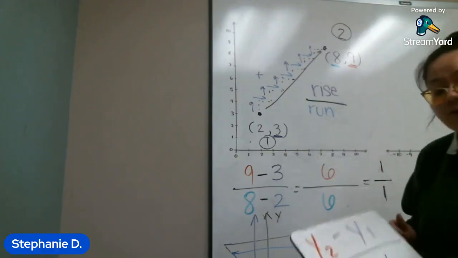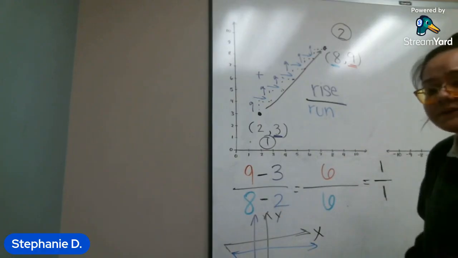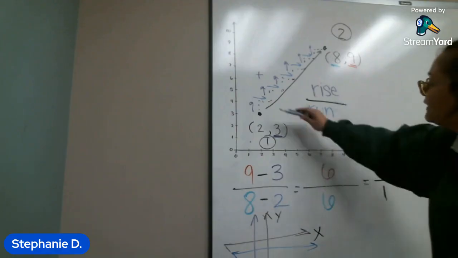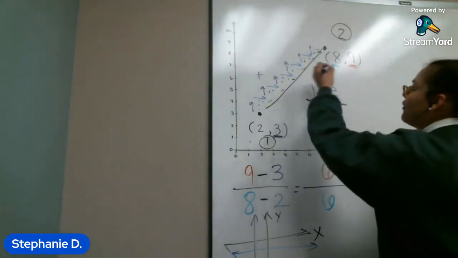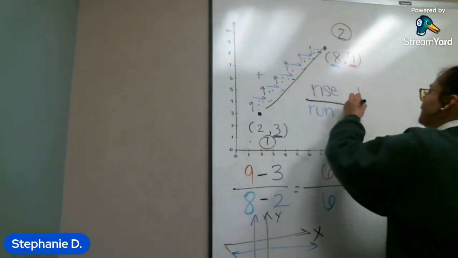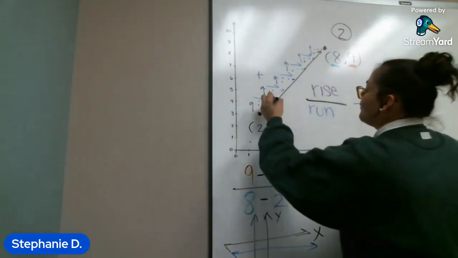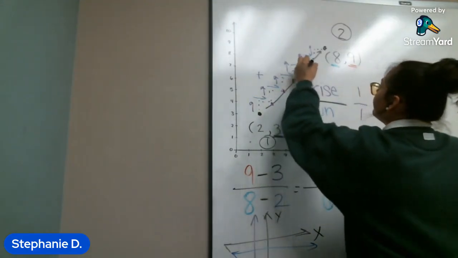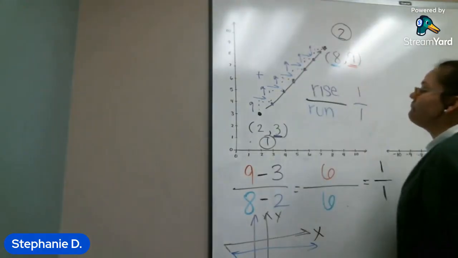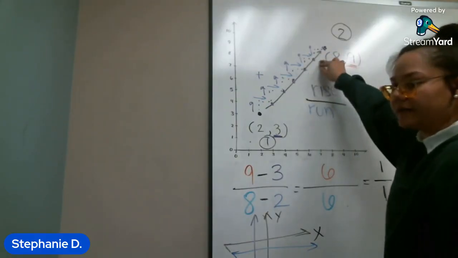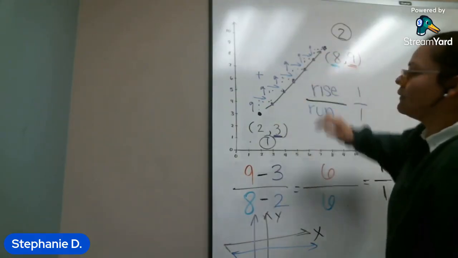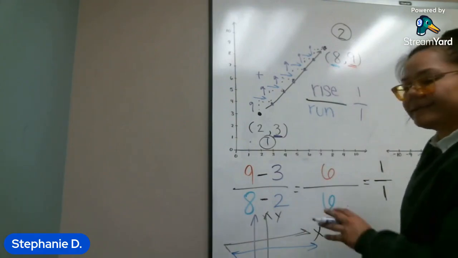But if we do have a graph, we can always rise over run: up, up, up, over, over, 1 over 1. You'll find a point at each step on the line. That's how you find slope.